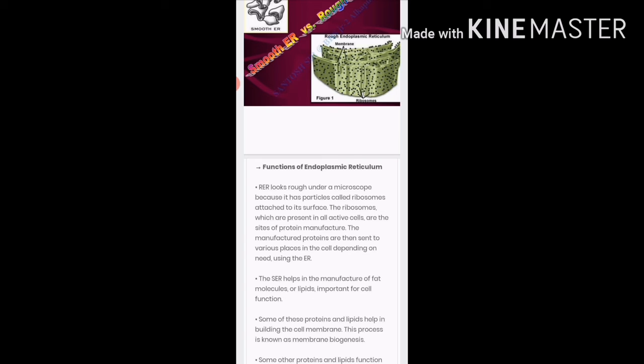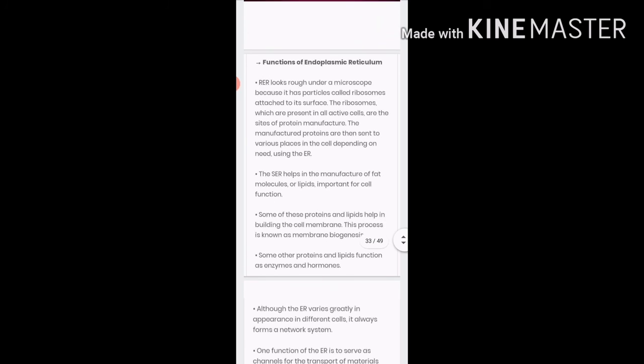And once the proteins are manufactured, then they are sent to various places in the cell depending upon the requirement. Correct? That is the site where it is required. Smooth endoplasmic reticulum is helping in the manufacture of fat molecules, lipids, which are very, very important for the cell function.